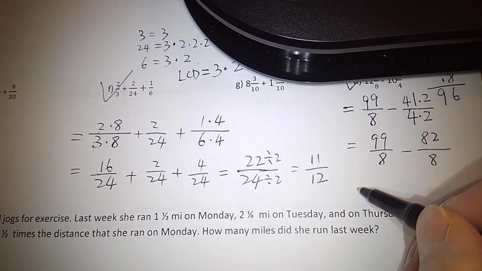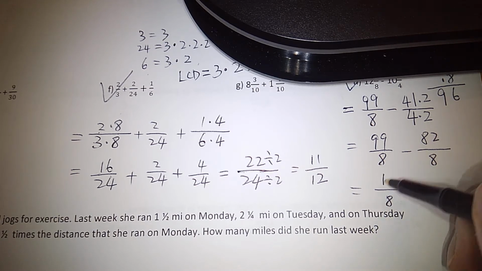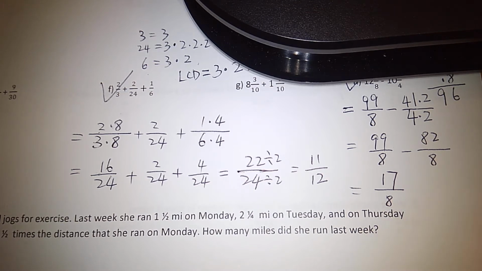So, 99 minus 82, 17. Any common factor? No, right? No common factor. Okay, so we're done for this question as well.